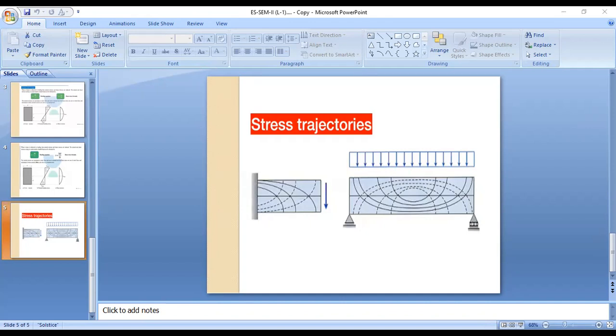Then write down the next point. By investigating stresses at many cross sections of beams, we can determine how principal stresses vary throughout the beam.